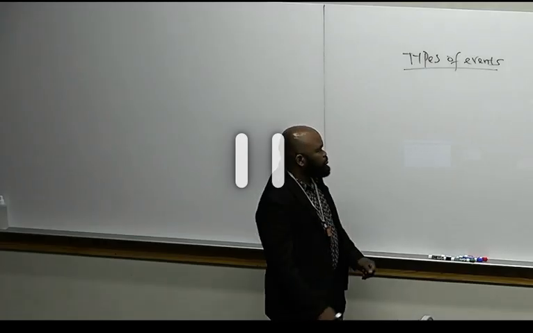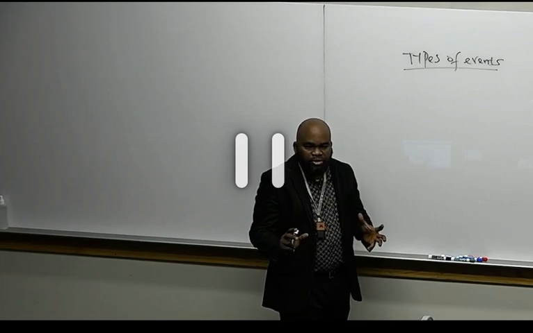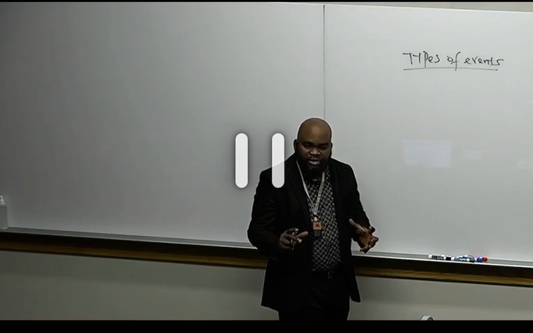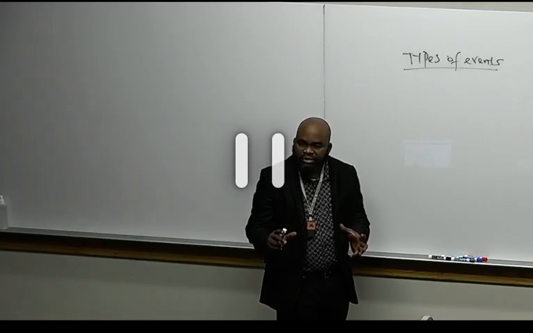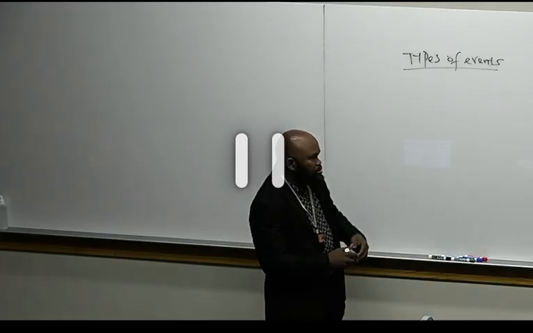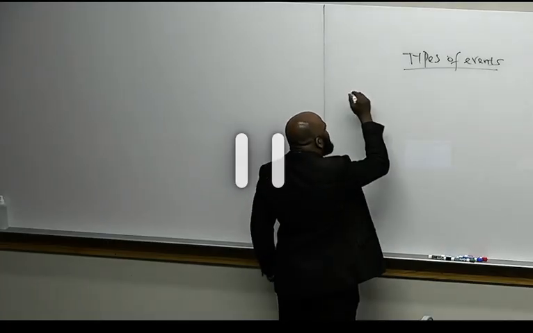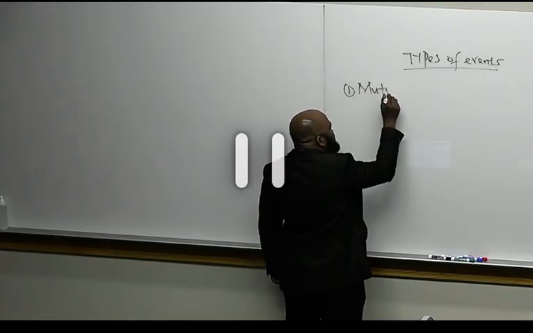So I want to talk about two types of events, and you see how it is related to where we stopped the other time. Where we stopped the other time is also very crucial to what we're going to be doing today. Now, one, we have what we call mutually exclusive events.